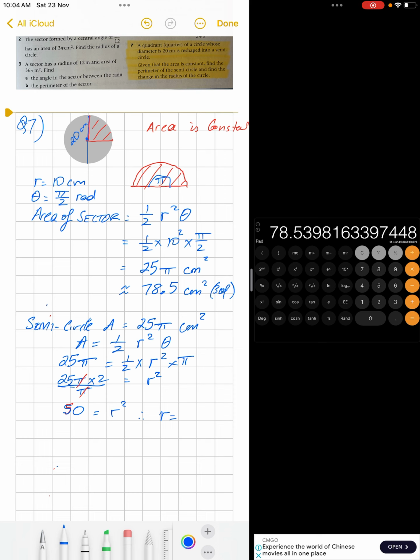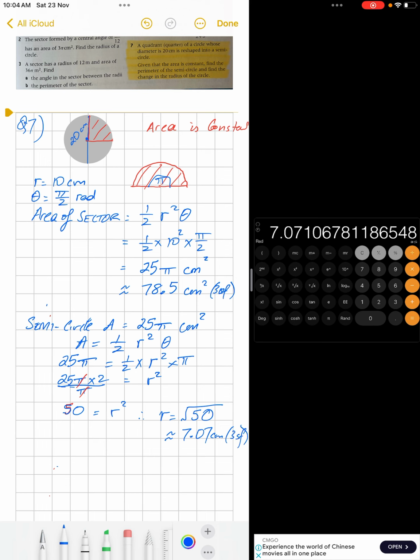Therefore, the radius of our semicircle will be the square root of 50, which is approximately 7.07 to 3 significant figures.